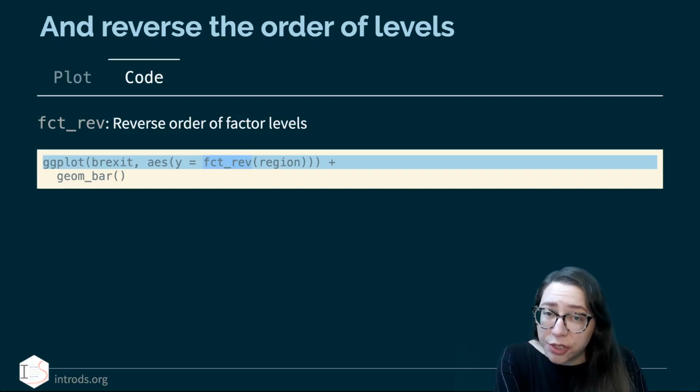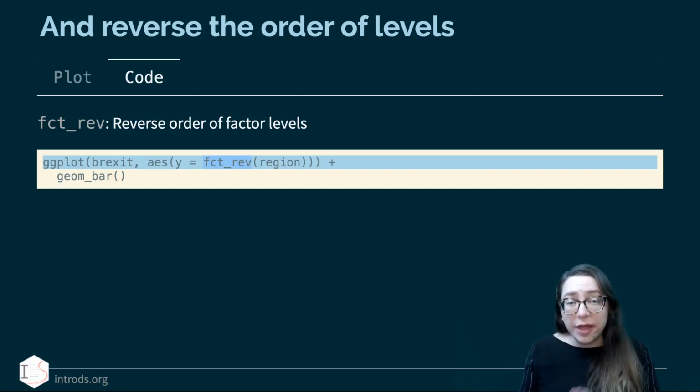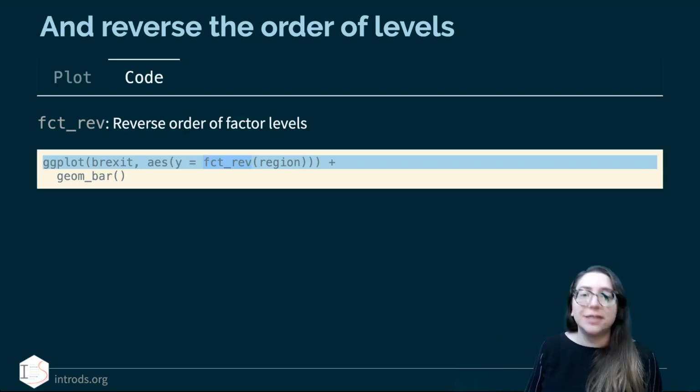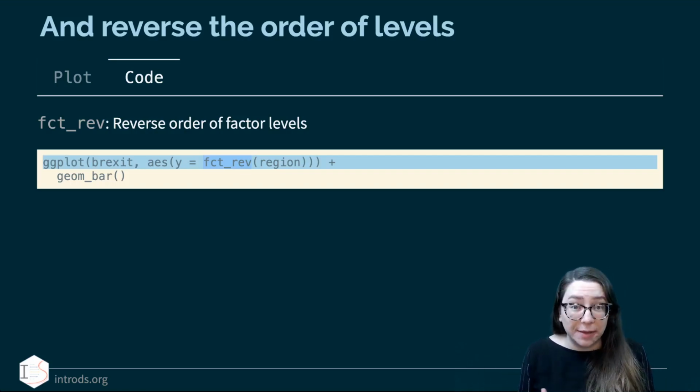Now I've shown you two ways of using these forcats functions. One was within a mutate statement, so we overwrite what's in the data, and then next time we call the data frame called brexit, we actually get to benefit from the fact that we had already done some of this work in terms of releveling or recoding.